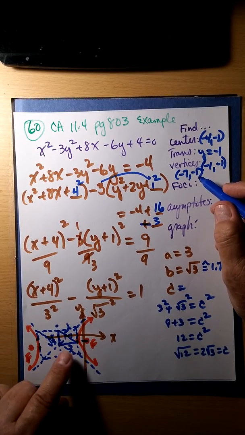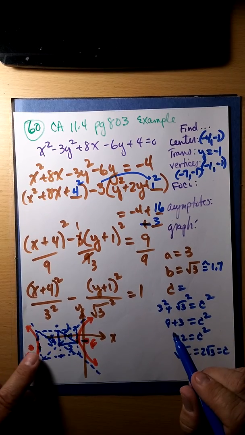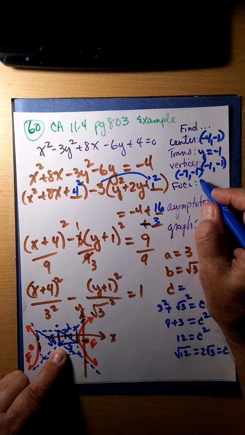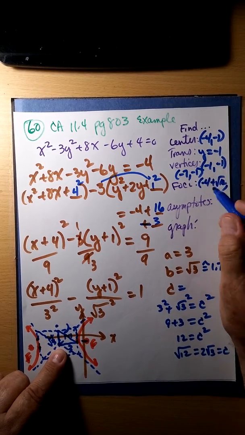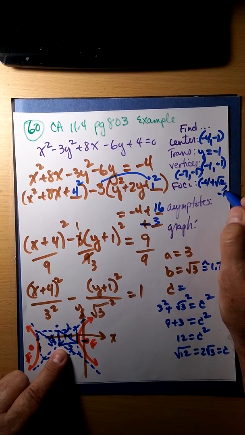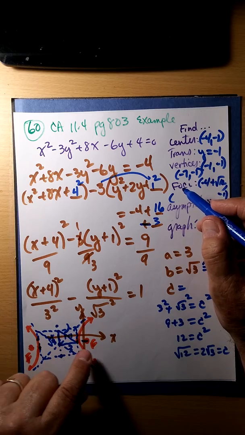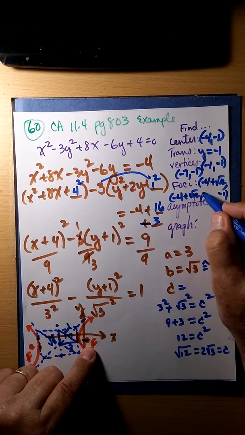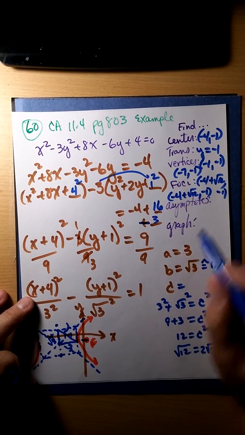So we need to go to this, that square root of 12 is what we add to the center to get to that focus. So we take this -4 and add the square root of 12 for the x, and the y is a -1. We also need this -4 plus the square root of 12 and a -1.